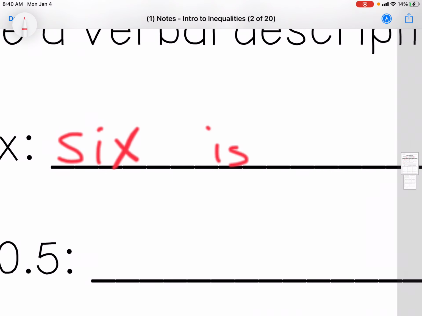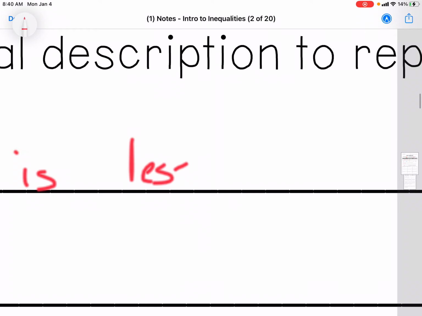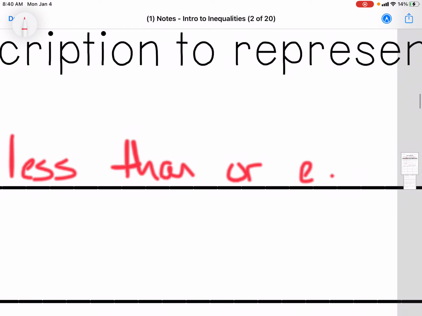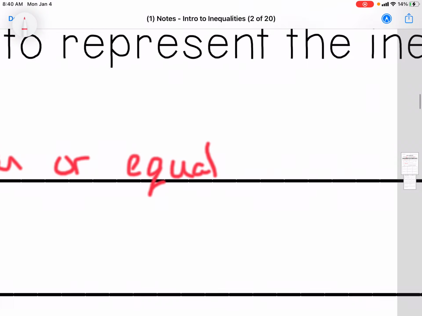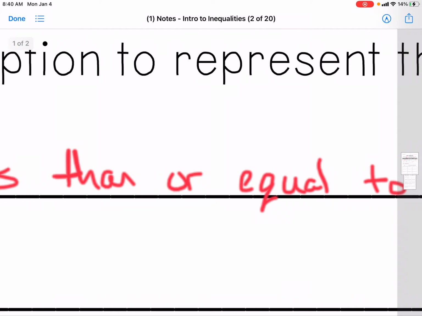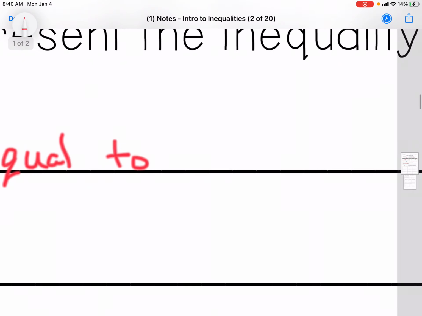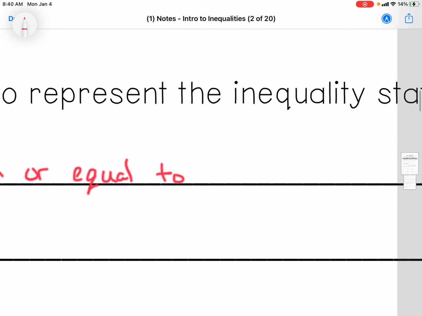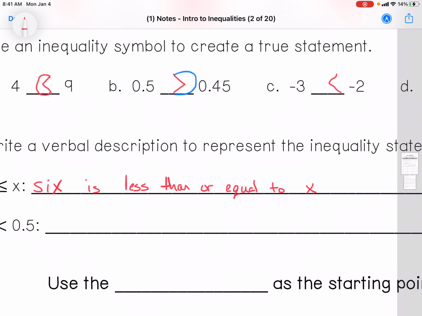Is less than or equal to X. So 6 is less than or equal to X. Whatever X is, we don't know what X is. Okay.